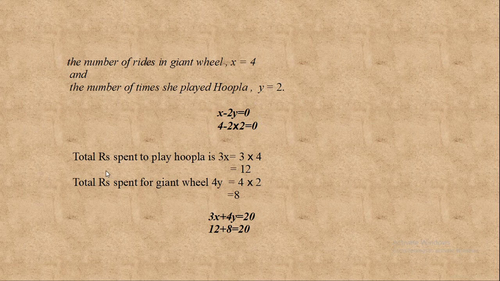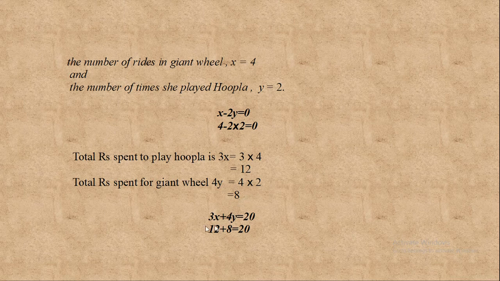And in the second case, the total rupees spent to play hoopla is 3x, and we have x equal to 4 here, and 3 into 4 is 12. And next, the total rupees for the giant wheel was taken as 4y, and here we have y equal to 2, and 4 into 2 is equal to 8.